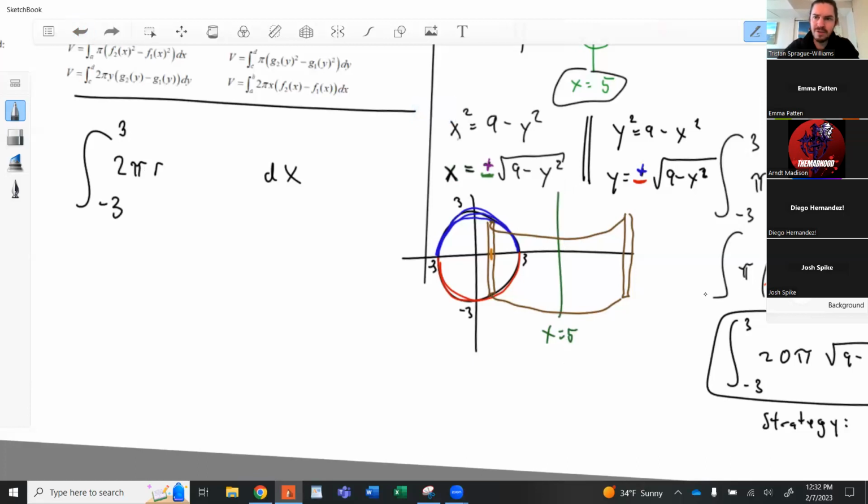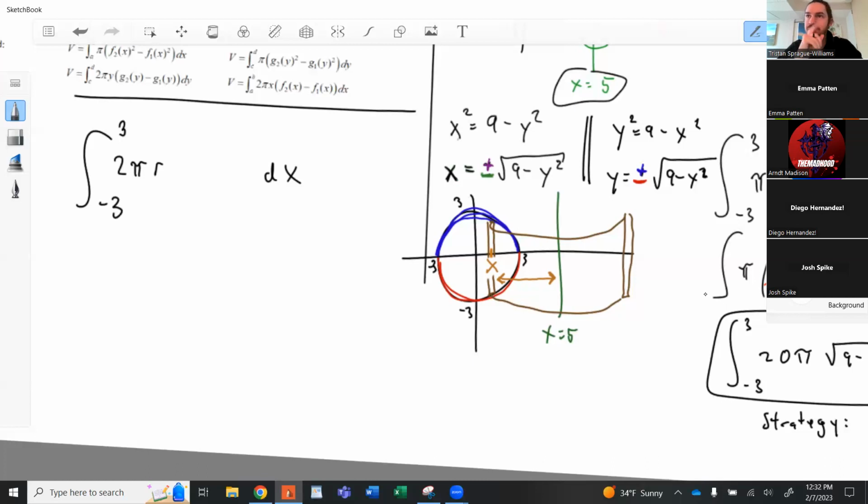So if this is your x value here, what is this distance? Here, I'll draw it down here.